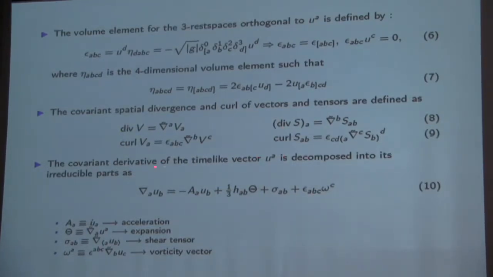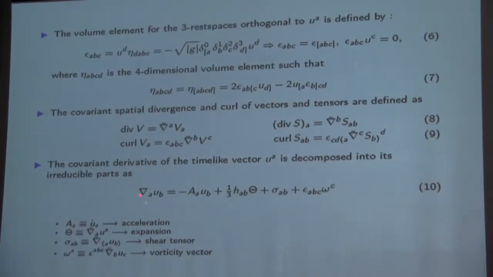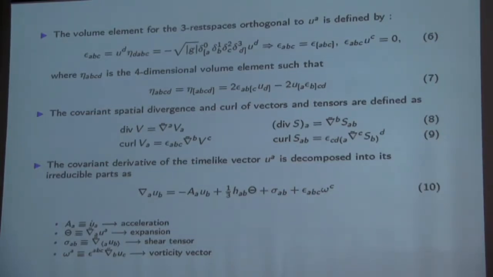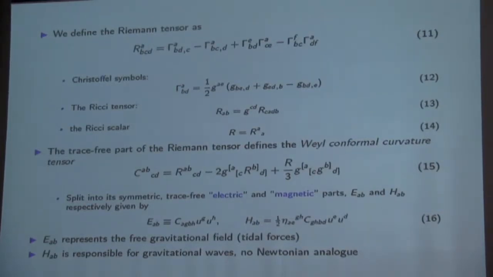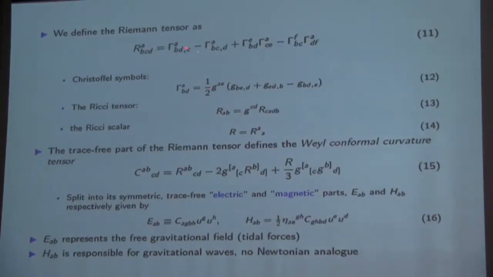And we will split the covariant derivative of the four-velocity vector into acceleration, expansion, shear, and vorticity terms, defined in this manner here. The Riemann tensor is defined the usual way, where we have these Christoffel symbols, the Ricci tensor, and the Ricci scalar defined as usual.